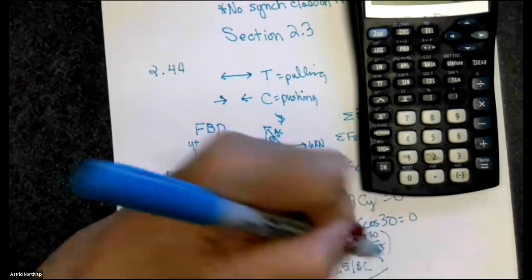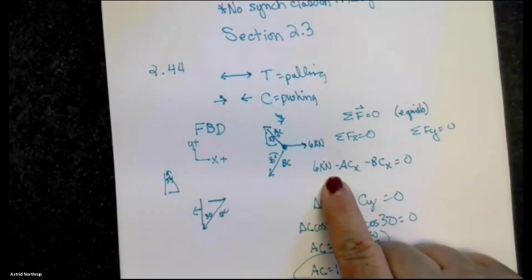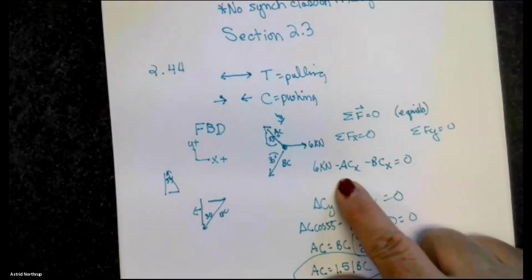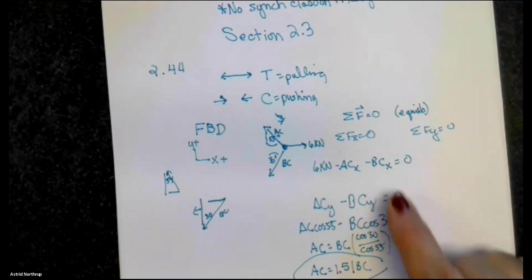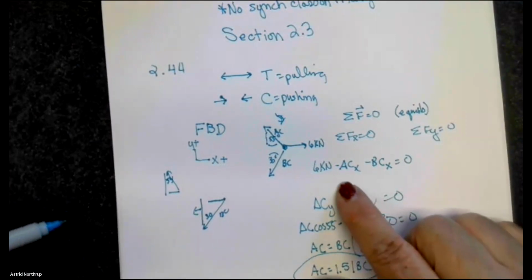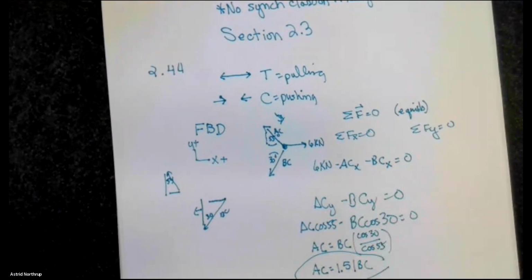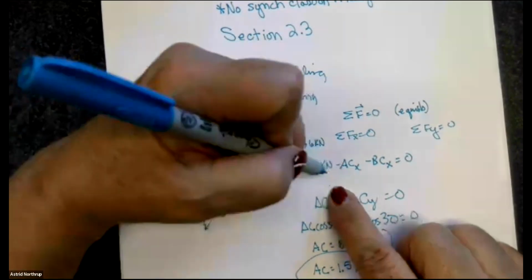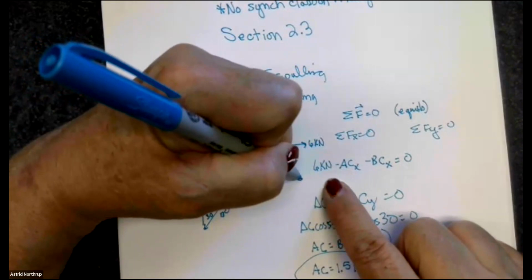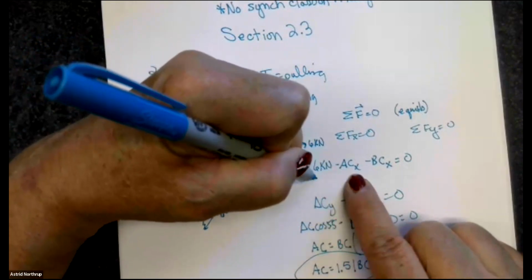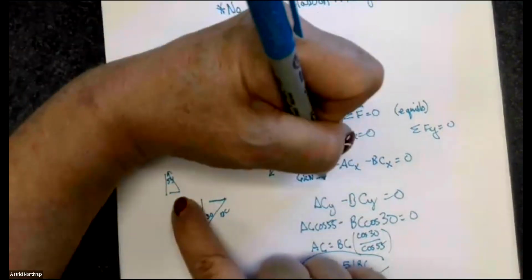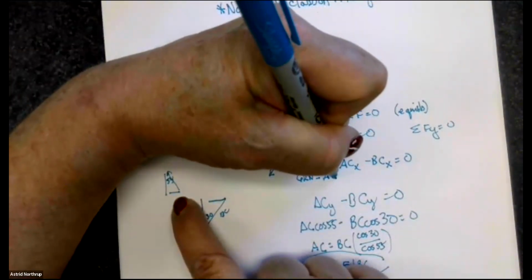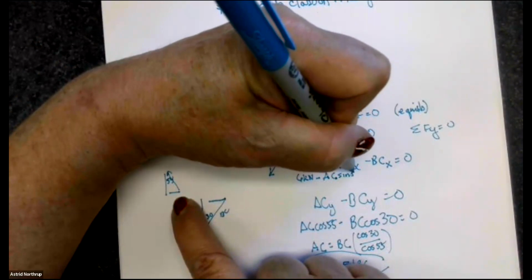Now this is going to come in handy when we substitute into the other equation, because we still have the same two unknowns. We have one more equation, so two unknowns, two equations means we can solve this system. All right, first of all, we rewrite this equation, 6 kilonewtons minus ACX, using the same triangle. ACX is AC times the sine of 55 degrees.